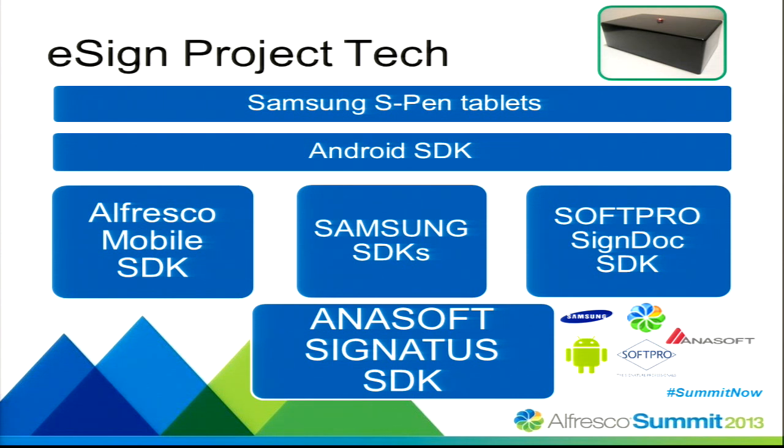And we also used our partner's SoftPro SignDoc SDK to provide support for biometric signature that we needed. And last but not least, we used our own Anasoft Signatus SDK, which merges all these technologies together and makes working with complicated technology a little bit simpler. And now this SDK is actually a part of our solution that we can offer to partners that would like to implement similar solutions.